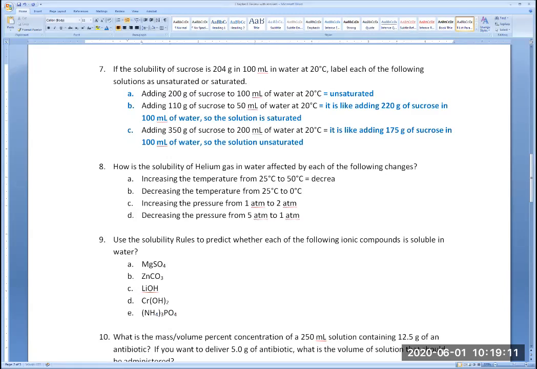As I said, the solubility of helium gas decreases as temperature increases.